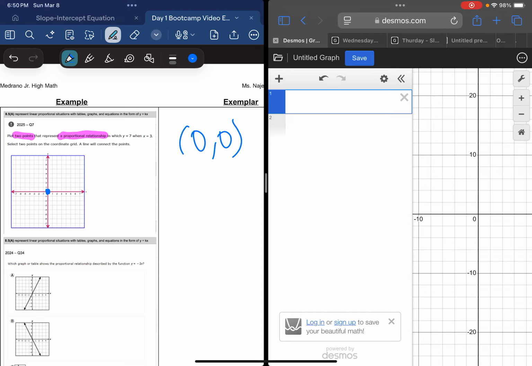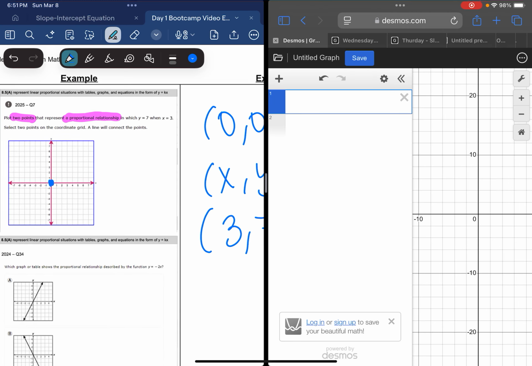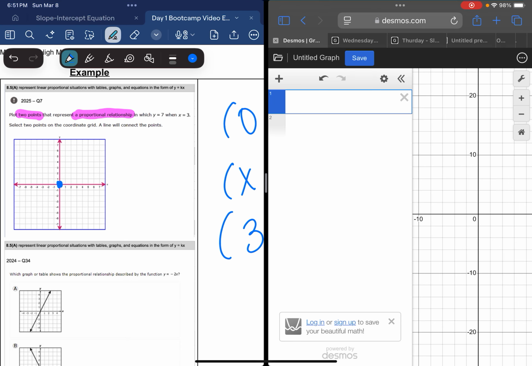In which y equals 7 and x equals 3. So x equals 3, y equals 7. They are already giving you a coordinate to put on the graph. 3, 7. So I'm going to go from 3, go all the way up to 7.